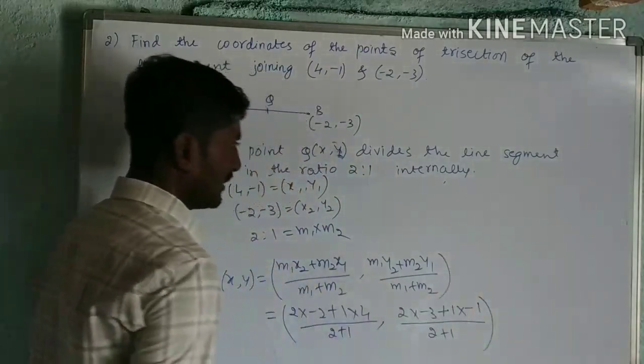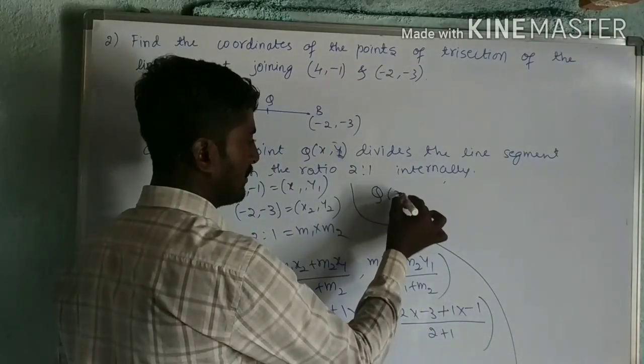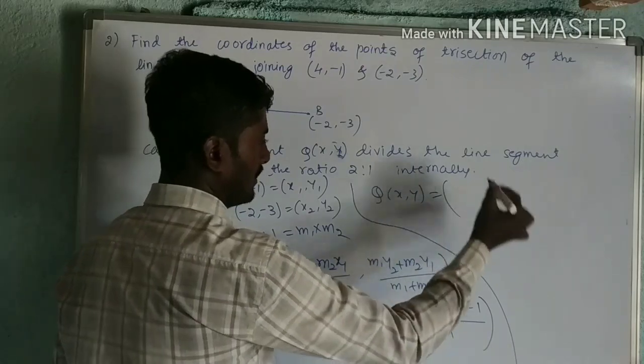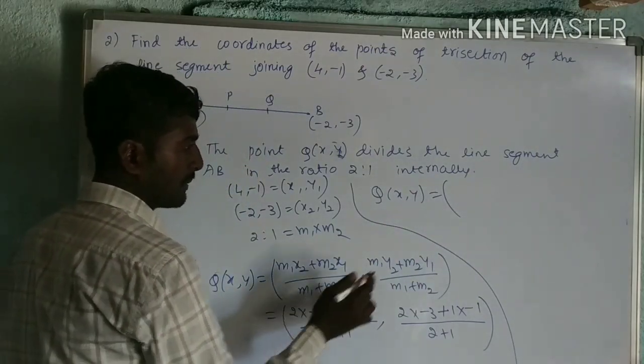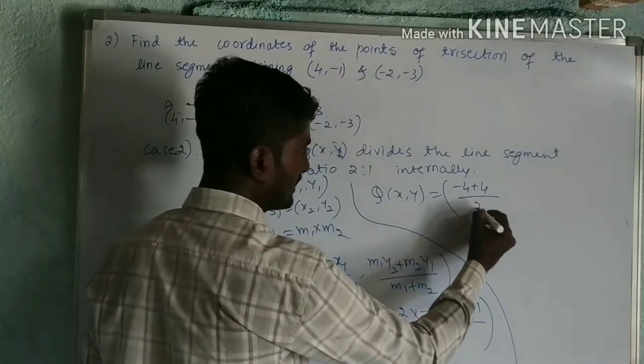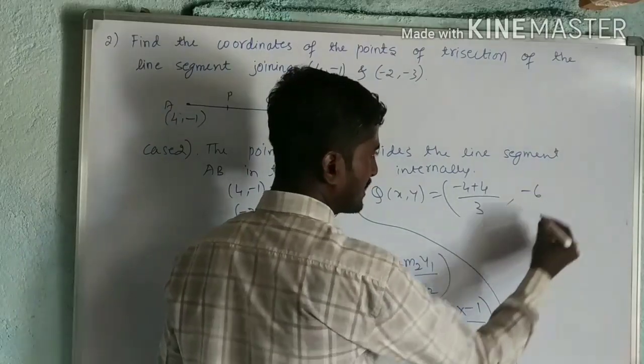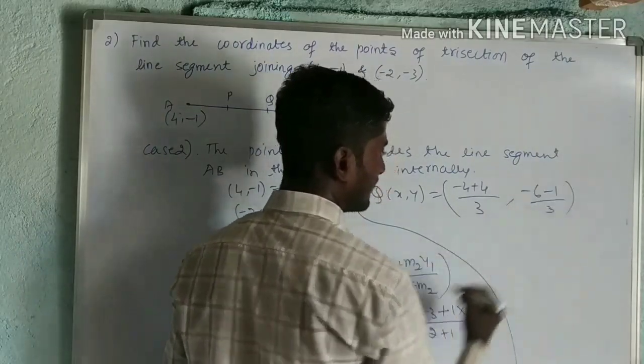Now I have to solve this. Q of x comma y is equal to minus 4 plus 4 divided by 3 comma minus 6 minus 1 divided by 3.